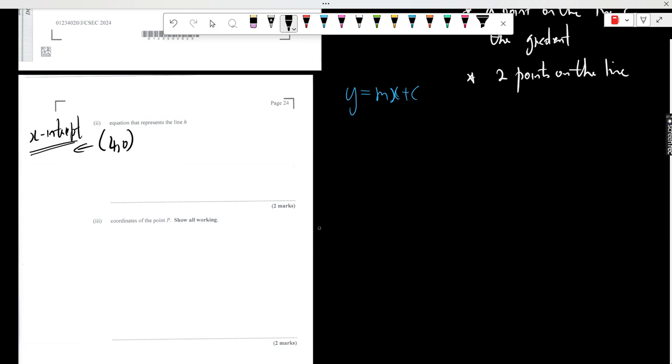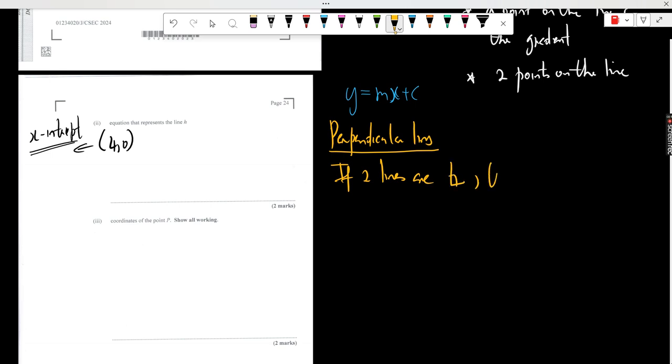Now let's talk about perpendicular lines. What do we know about perpendicular lines? Well, obviously perpendicular lines intersect at right angles, but we need some more information. Typically we say that if two lines are perpendicular, the product of their gradients is equal to -1.